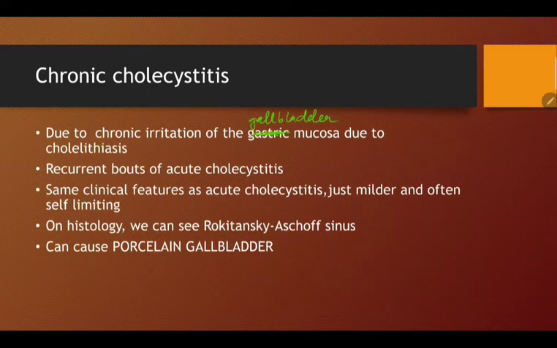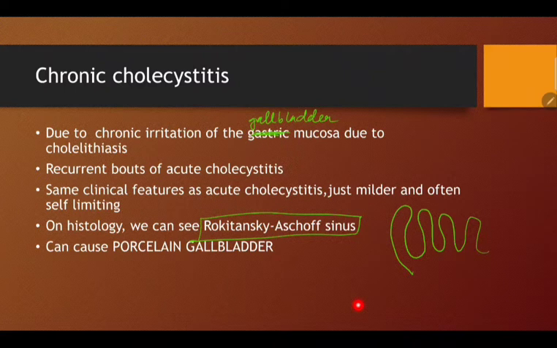And on histology, specifically, we can see something known as Rokitansky-Aschoff sinus, which basically means, okay, let's say this is the mucosa, all right? There is mucosa, lamina propria mucosa over here, the muscularis, and then the serosa, right?